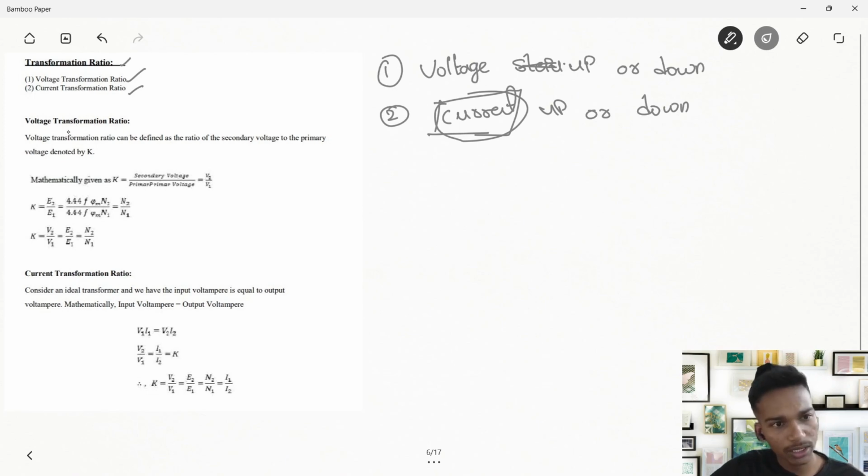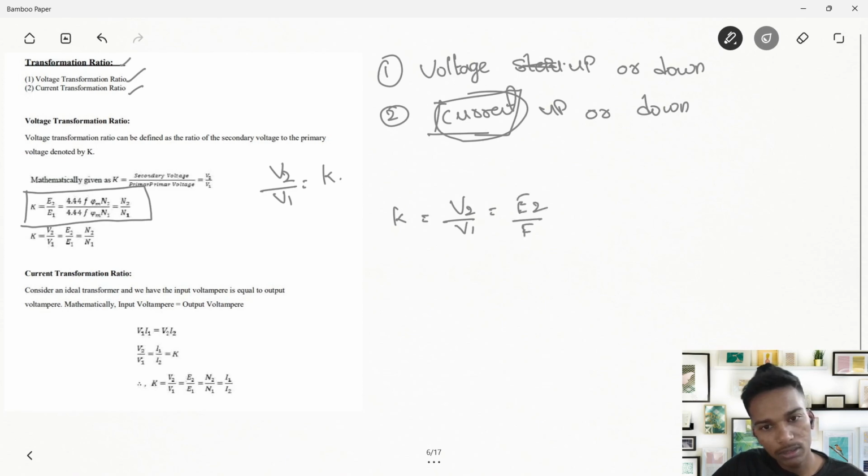First, we will discuss the voltage transformation ratio. The voltage transformation ratio can be defined as the ratio of secondary voltage to the primary voltage, denoted by K. That is, V2 by V1. K is equal to V2 by V1, equal to E2 by E1, equal to N2 by N1.